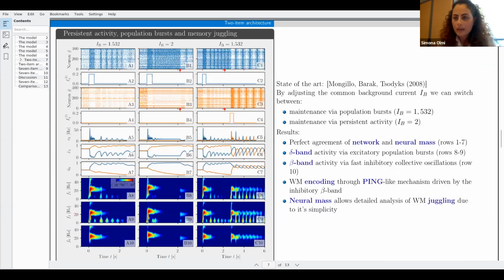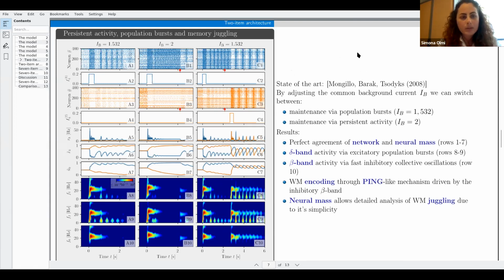So if we start investigating what is going on, we will see that it is possible to observe memory loading and also memory competition just using two excitatory populations. In particular, we have performed an experiment which is inspired by the one that has been shown by Mongillo and co-authors in 2008.